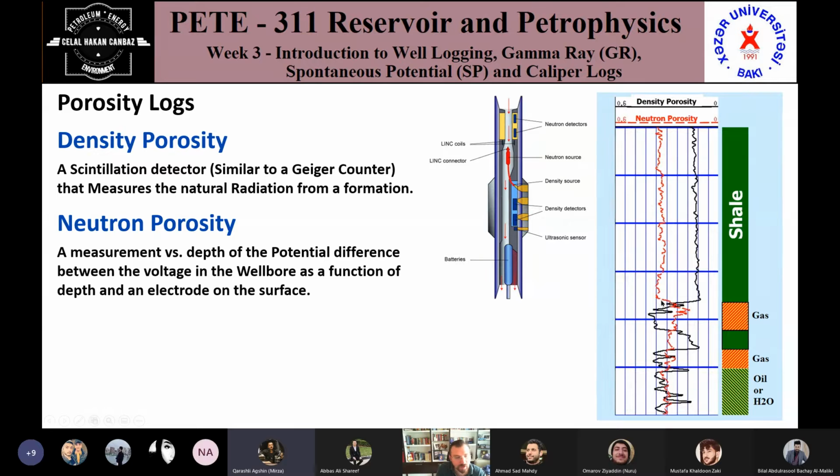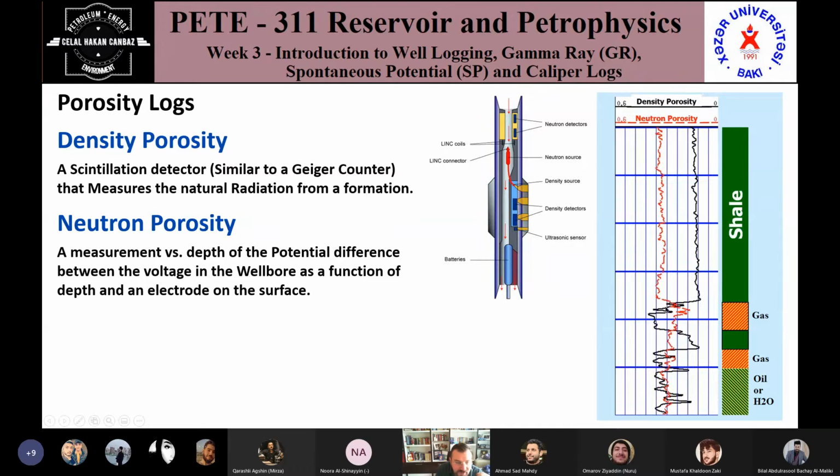Yes. Okay, so your neutron porosity is not differentiating the hydrocarbon content. It differentiates whether you are in the shale structure or another structure. Herein, the density porosity directly measures your fluids.